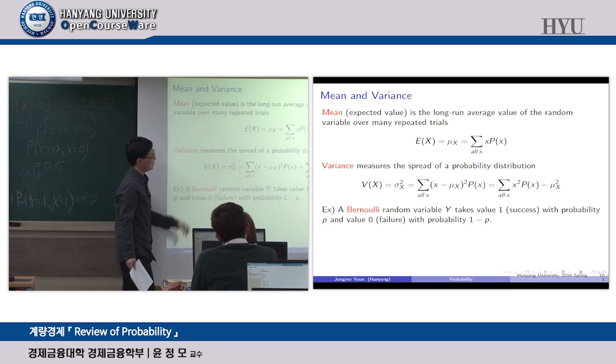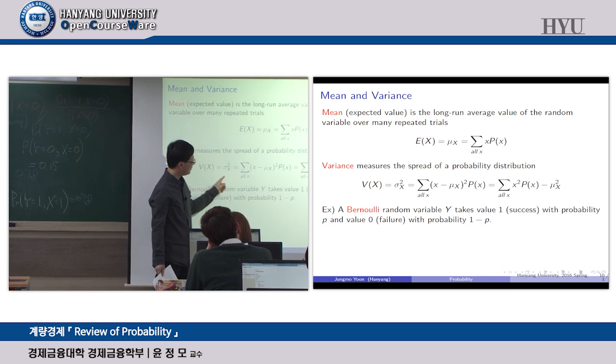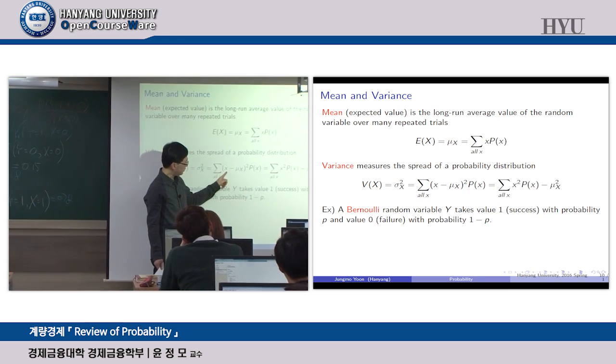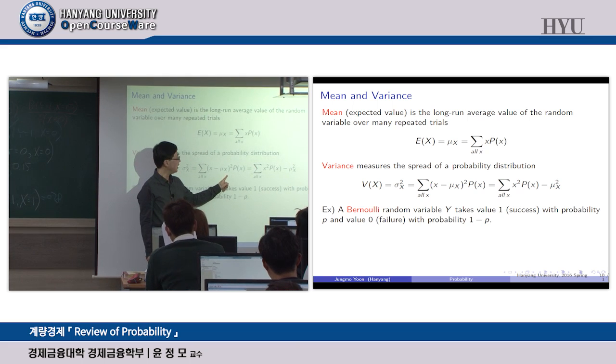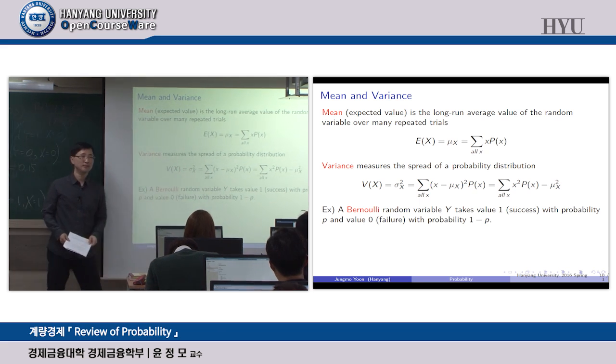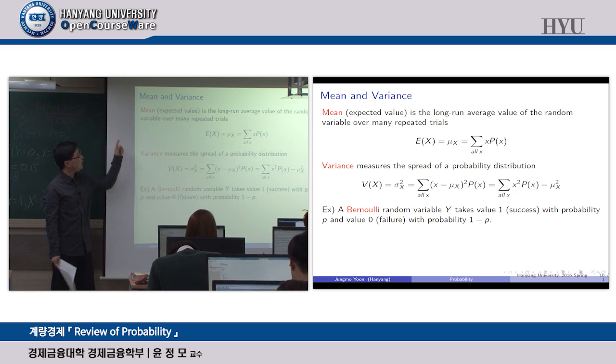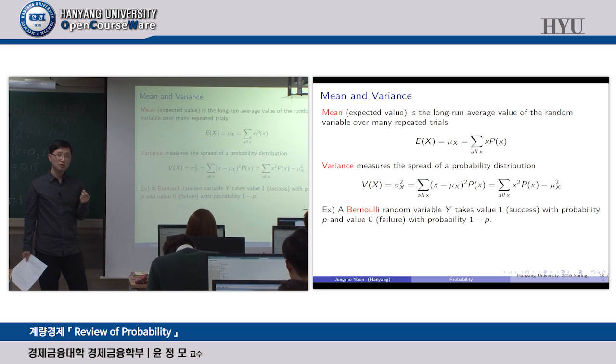What is the variance? The variance is you take the value of the random variable and subtract the mean, okay? You square them, then multiply by the probability, and then you sum them, okay? So that's the variance.